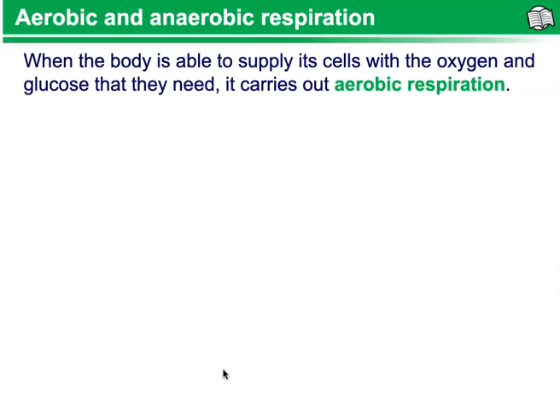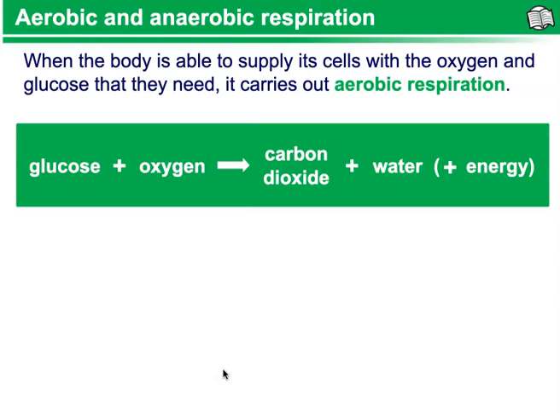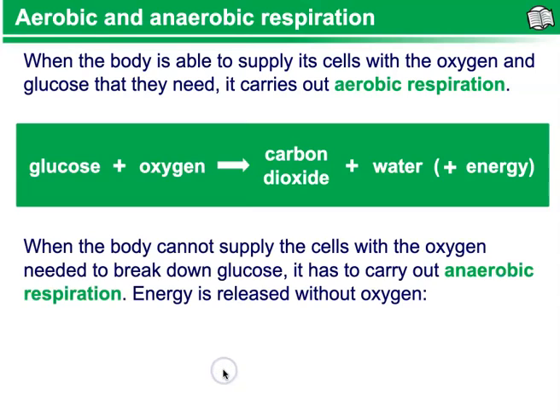Aerobic and anaerobic respiration. When the body is able to supply its cells with the oxygen and glucose that they need, it carries out aerobic respiration. Recall the aerobic respiration is when we use glucose and oxygen, we break those down, we release carbon dioxide, water, and energy.